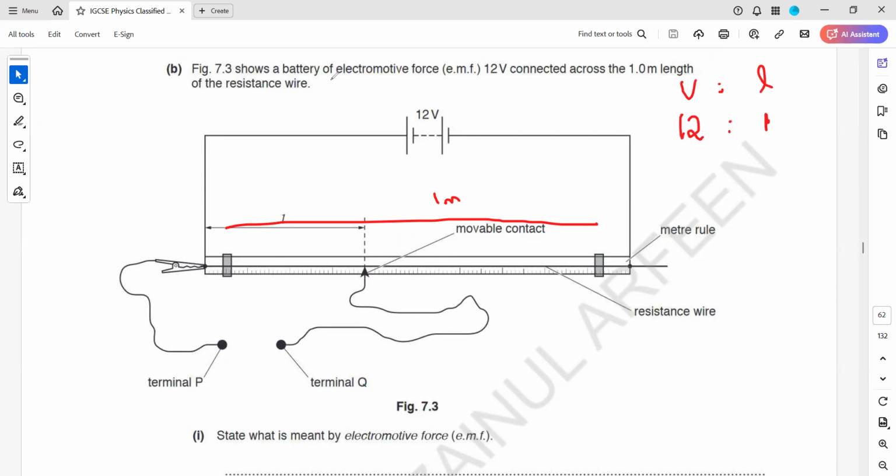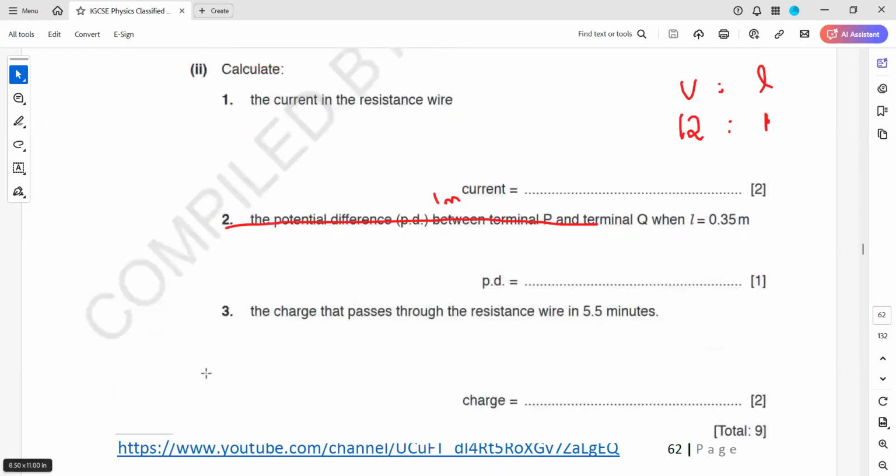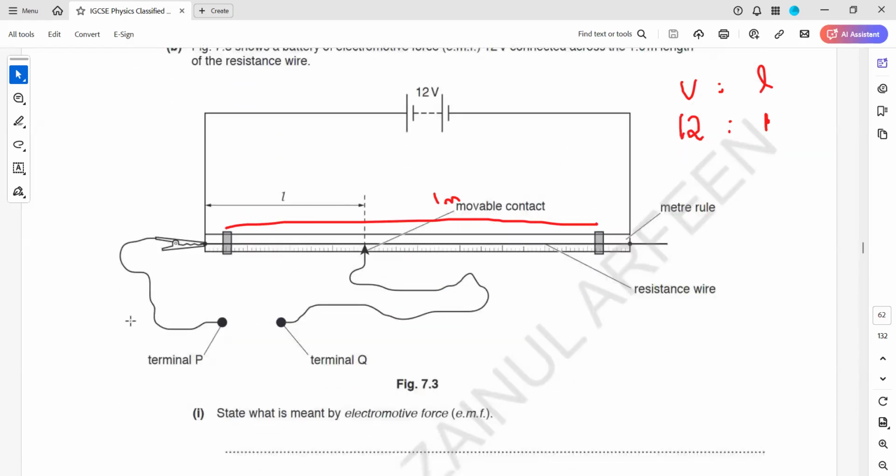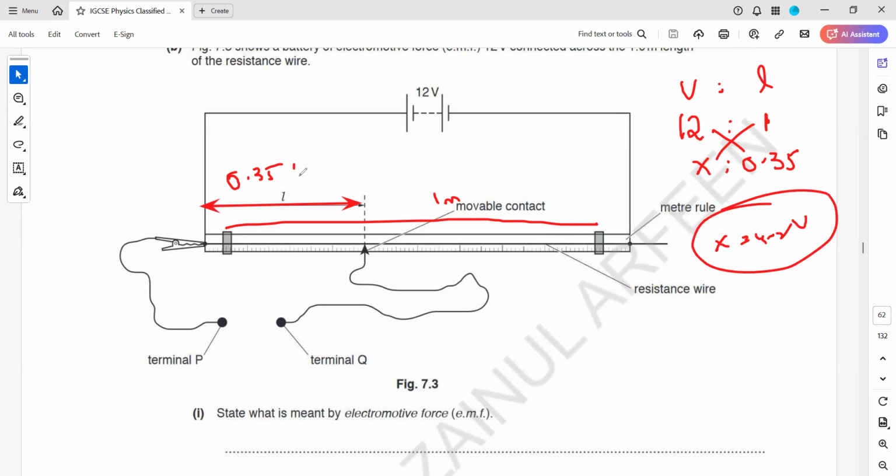We want to find the potential when the length is 0.35. If the length is 0.35, how much is the voltage X? Just cross multiply: 12 multiplied by 0.35. We'll get 4.2 volts. So the voltage here will be 4.2 volts.